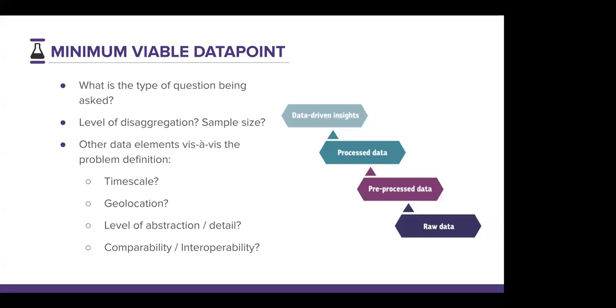But if it's about the root causes, then you have to start thinking about, well, do we need how much traffic jam, but also other aspects that might explain traffic jam, so I can show that there is a certain causation or at minimum a correlation between the phenomena, right? So the type of question will determine the type of data you need. Same for impact assessment. You might need data about what you did versus what the impact was vis-a-vis the baseline as well.